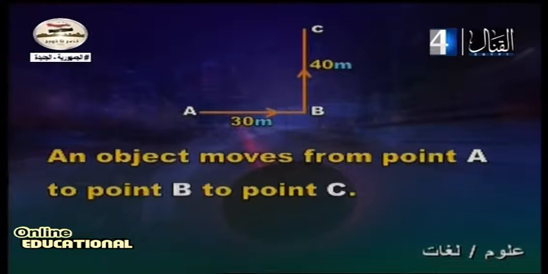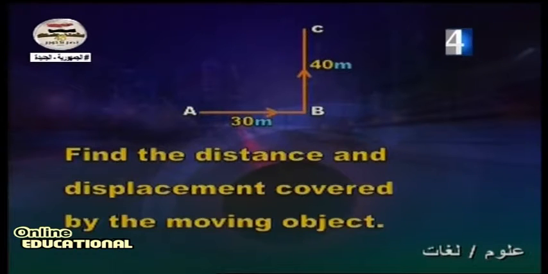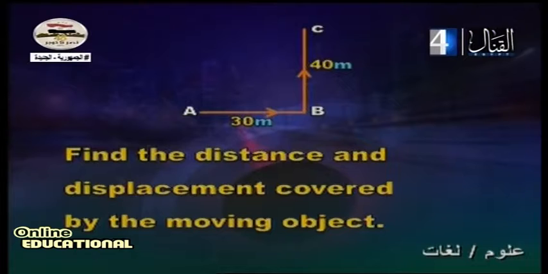As you see, an object moved from A to B, covering 30 meters, and then along a perpendicular path from B to C, 40 meters. Find the distance and displacement covered by the moving object. So we will answer this question using a mathematical relation.